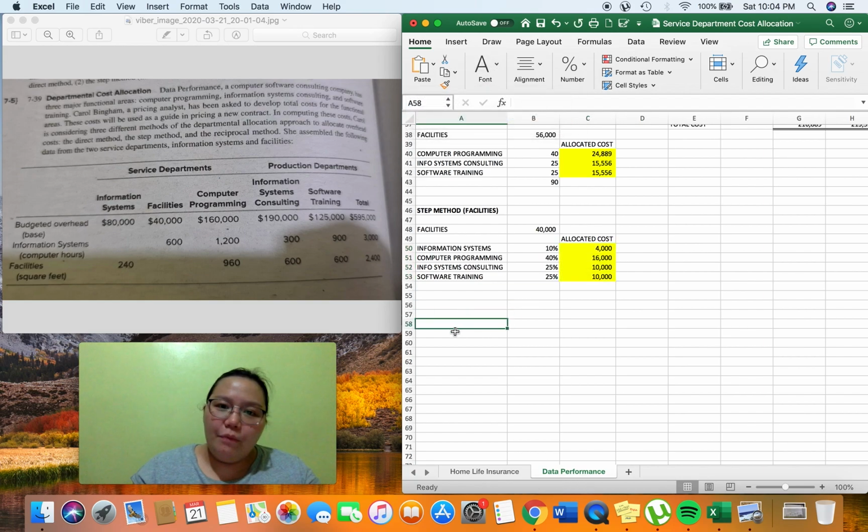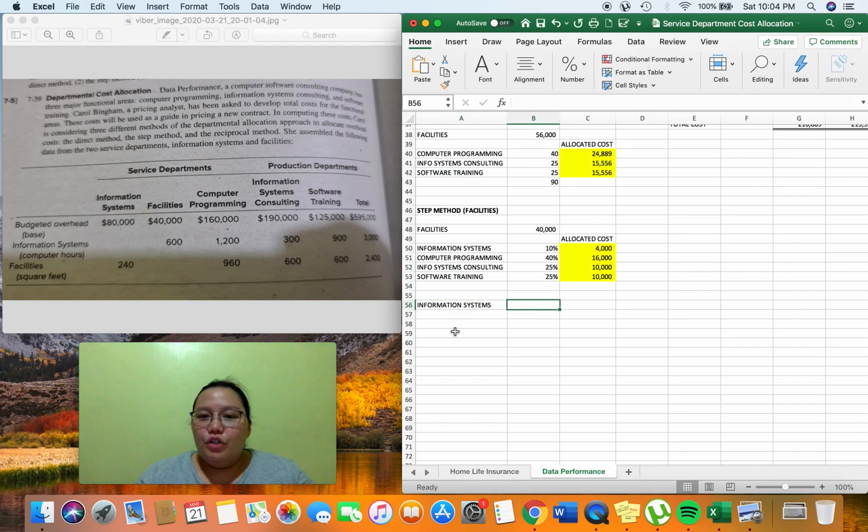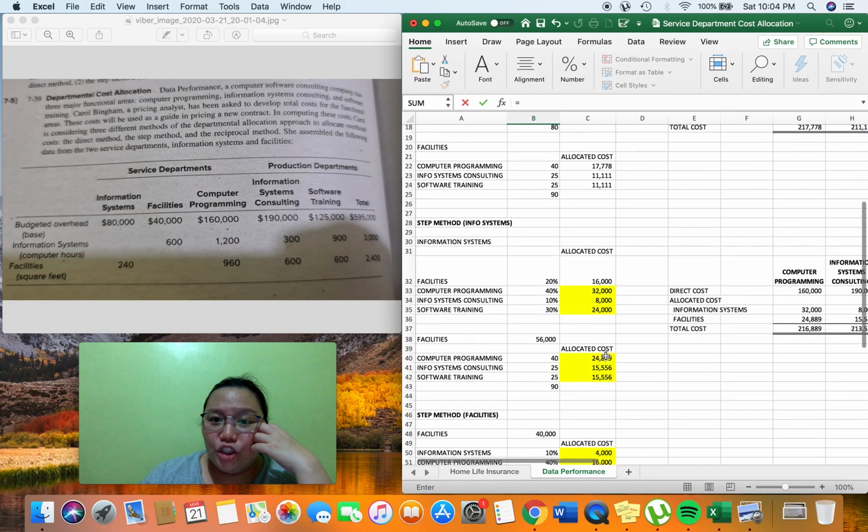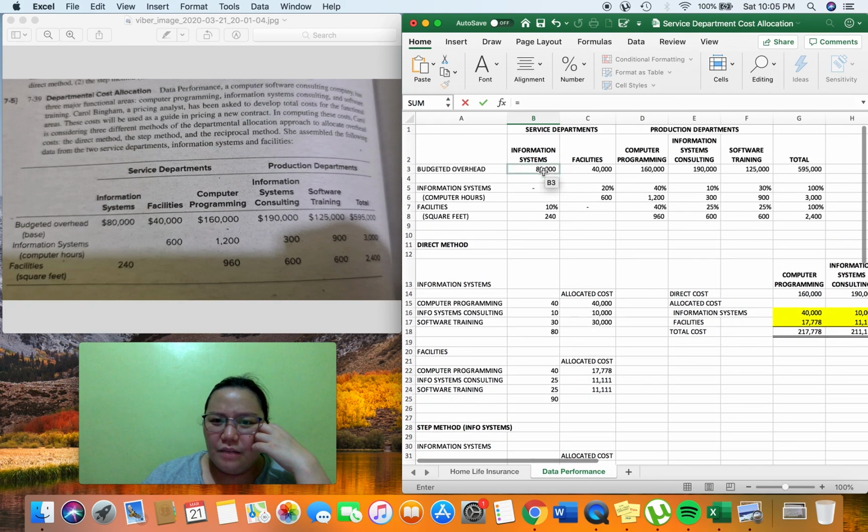And the next step, of course, syempre, we have to compute for the new total cost of the information systems department. Diba? So, just like what we did earlier, kasi after the allocation of the cost of the facilities department, si information system received 4,000 additional cost, diba, from the facilities department.